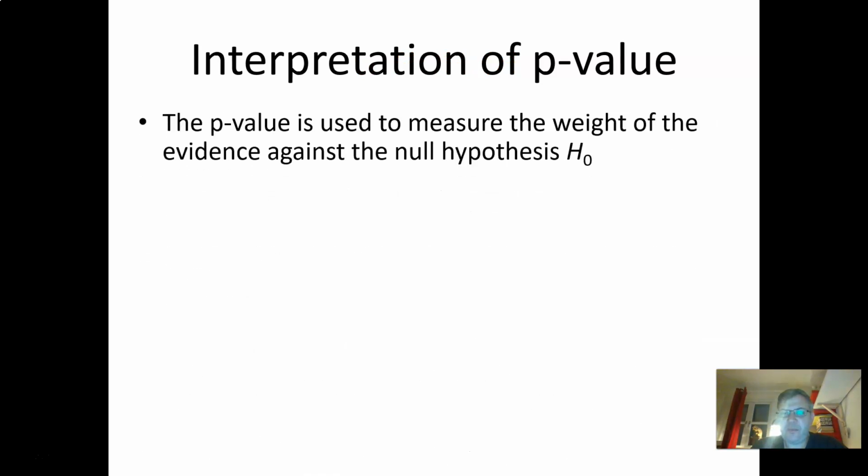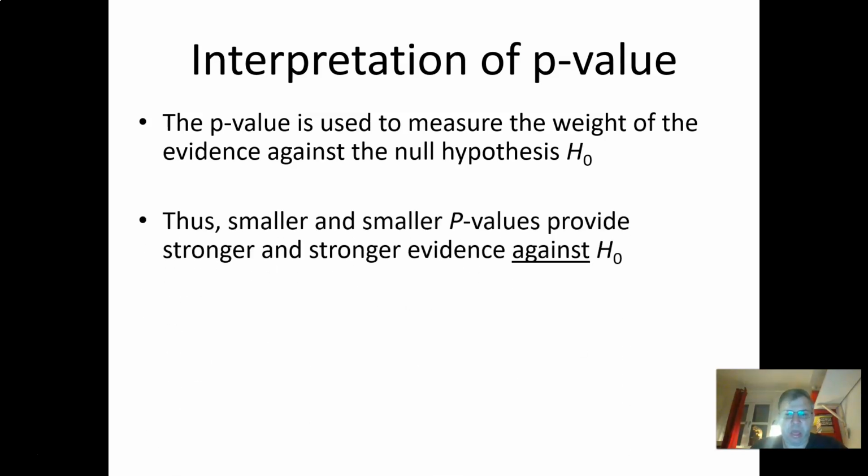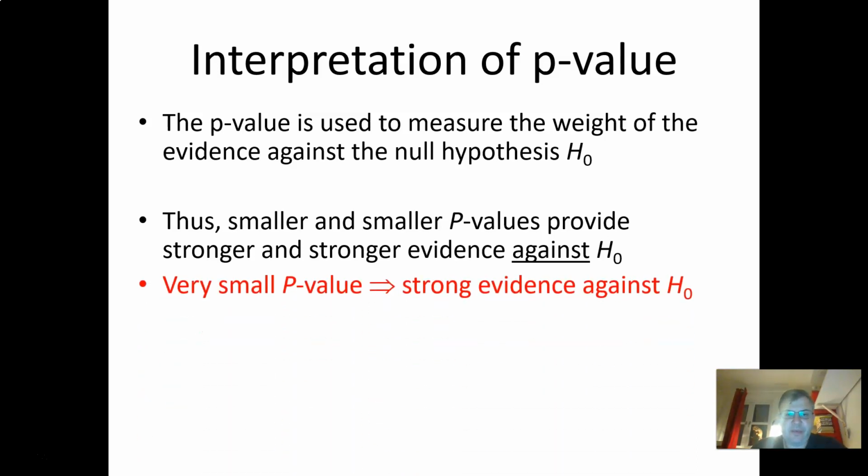So, interpretation of the p-value. The p-value is used to measure the weight of the evidence against the null hypothesis. Smaller and smaller p-values provide stronger and stronger evidence against the null hypothesis, and a very small p-value means very strong evidence against the null hypothesis.